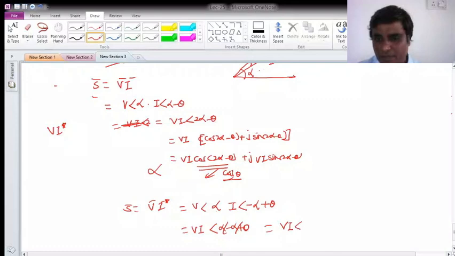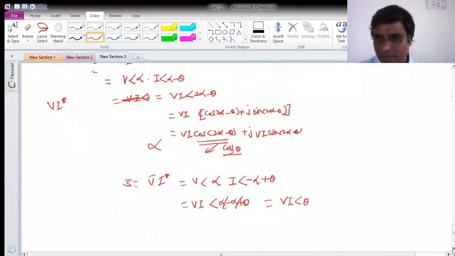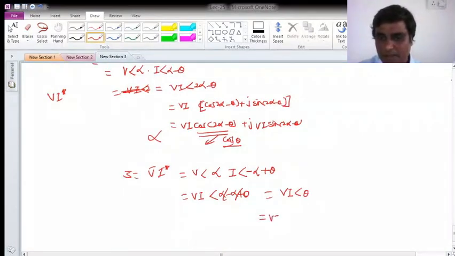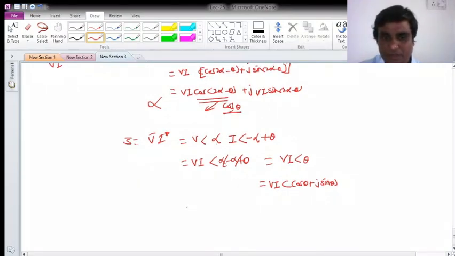So it will be VI with angle theta, and I can write this as cos theta plus j sin theta. This is what I want: VI cos theta plus j VI sin theta.